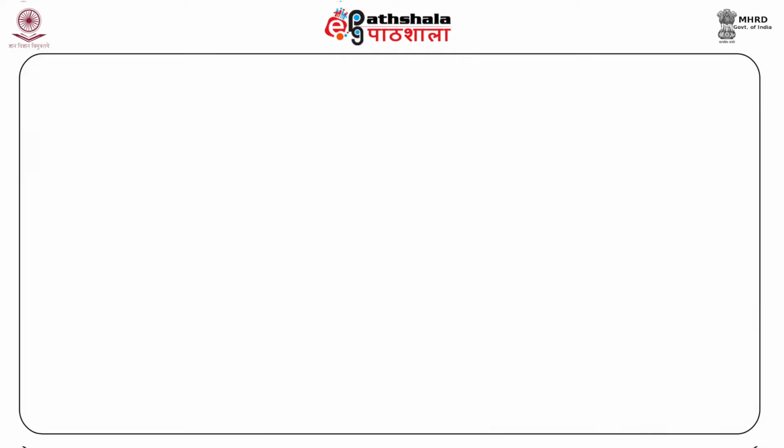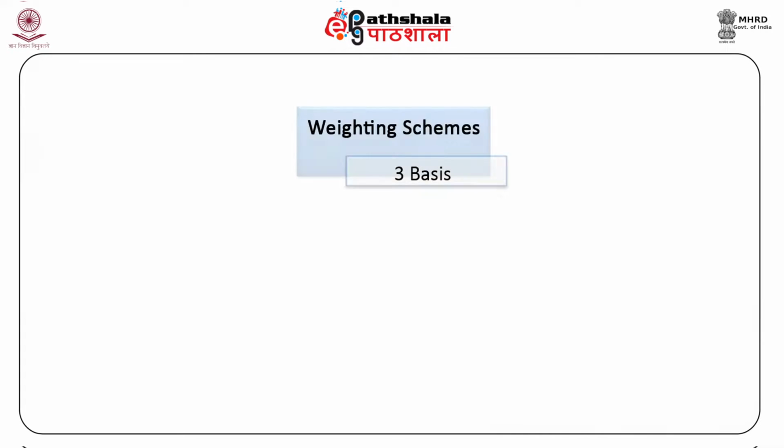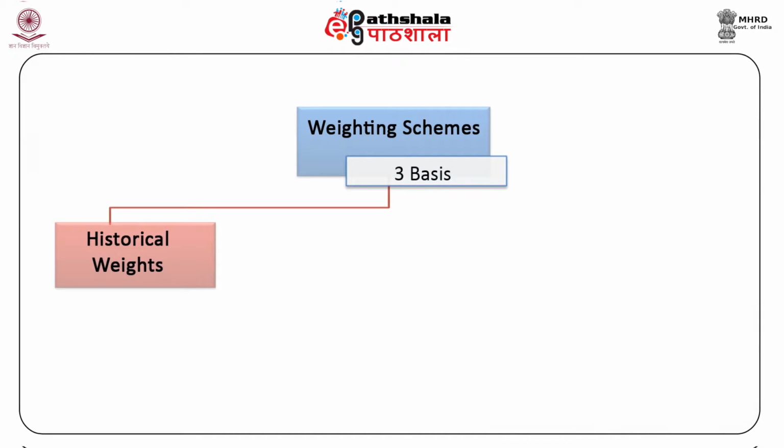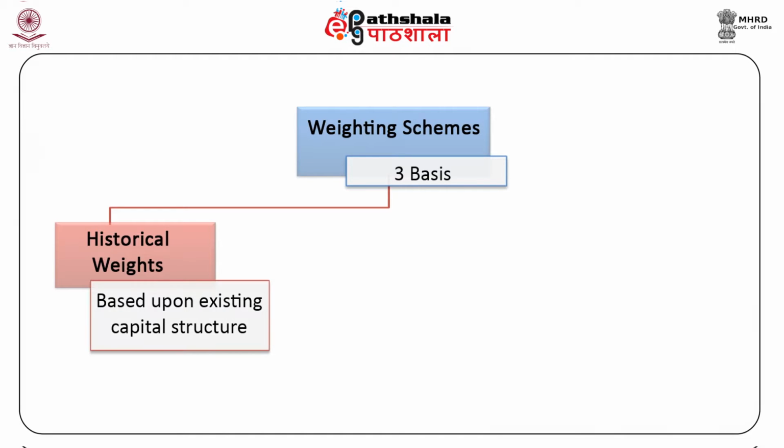There are basically three bases for assigning weight. These are historical weights. These are based upon existing capital structure. It assumes that additional finance will be raised in the same proportion as the proportion of funds in the existing capital structure. It is based upon the assumption that the existing capital structure is optimum. Marginal weights.